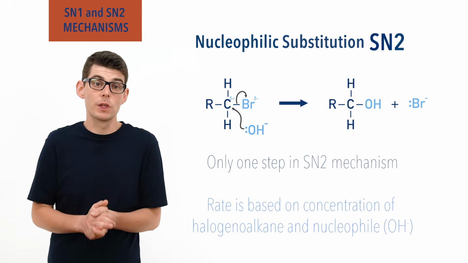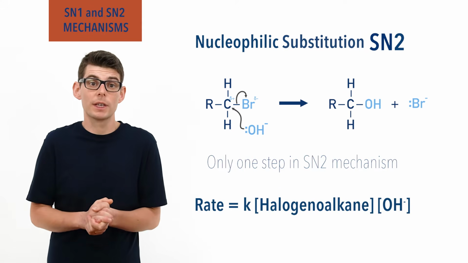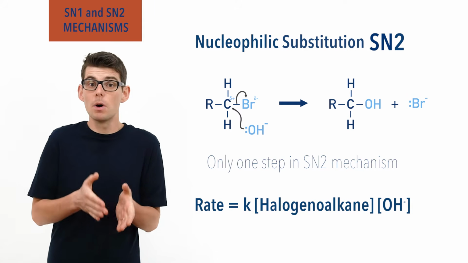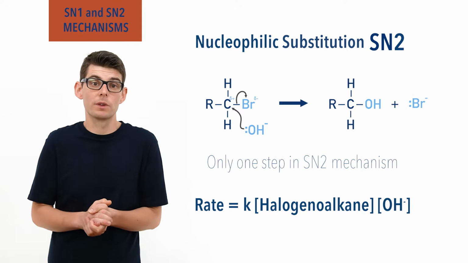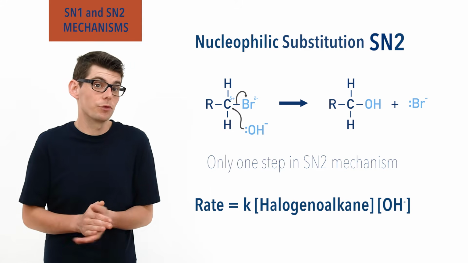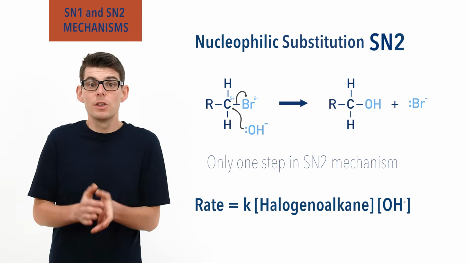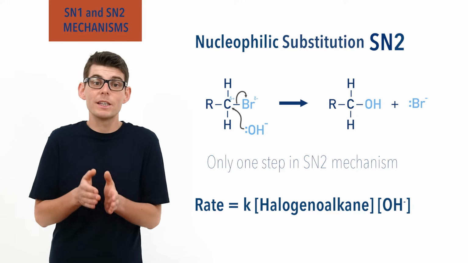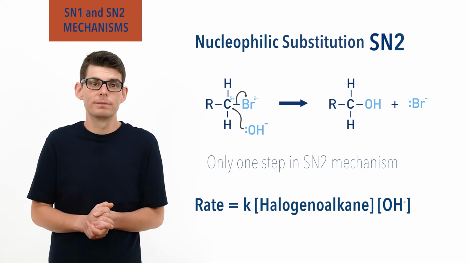This gives the rate equation: rate equals rate constant k multiplied by the concentration of halogenoalkane multiplied by the concentration of nucleophile, in our example, hydroxide ions. Changing the concentrations of either of these reactants directly changes the rate of the reaction.